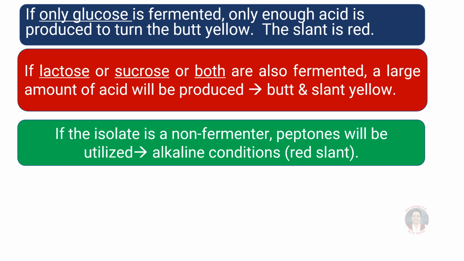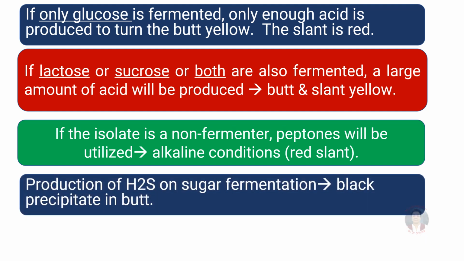If the isolate is a non-fermenter, peptones will be utilized and alkaline conditions will be produced, but these will be seen only along the slant because peptones are utilized only under aerobic conditions, right? And as mentioned earlier, production of H2S is seen in the form of a black precipitate in the butt.